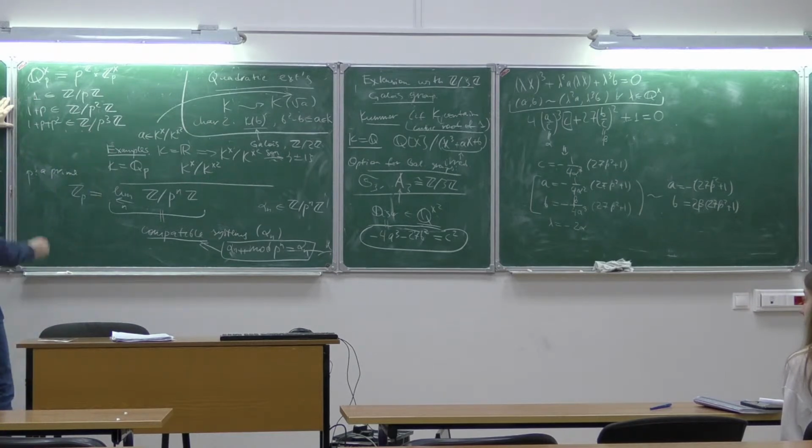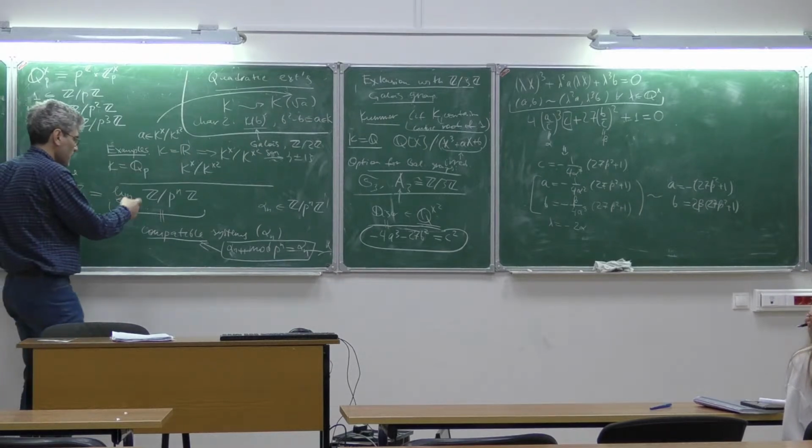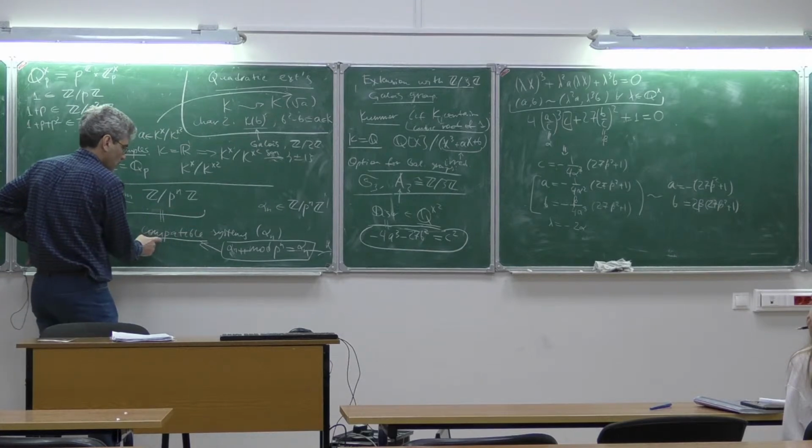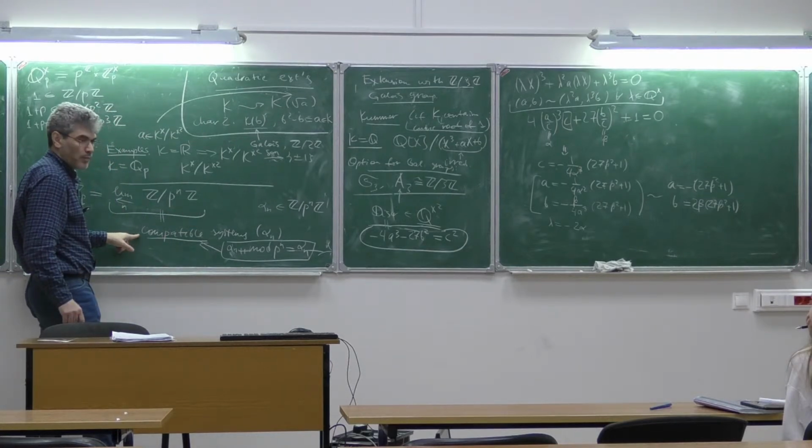And they are compatible in the sense that if you reduce this modulo p square, you get this one. When you reduce this modulo p, you get this one. And this is an inverse limit. Inverse limit means that it is the set of compatible collections.